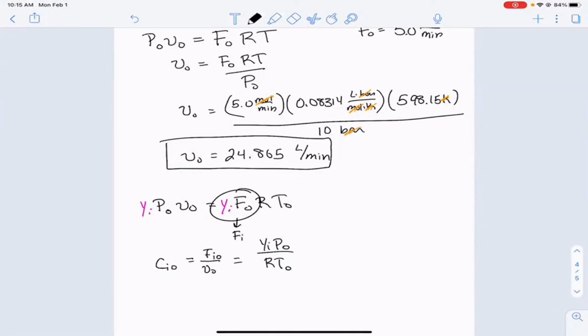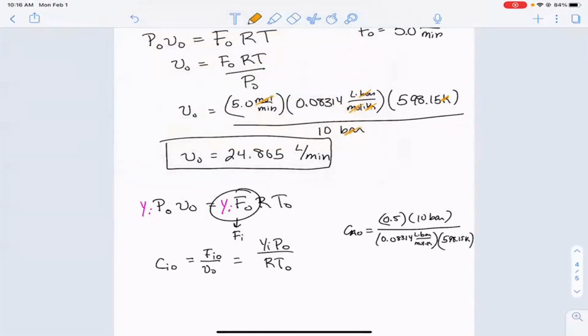And so let's calculate these. Well, Ca0 then equals, we know the mole fraction is 0.5. The initial pressure is equal to 10 bar. We know that, again, R is 0.08314 liter bar per mole Kelvin. And then finally, we again are at 598.15 Kelvin for our temperature.